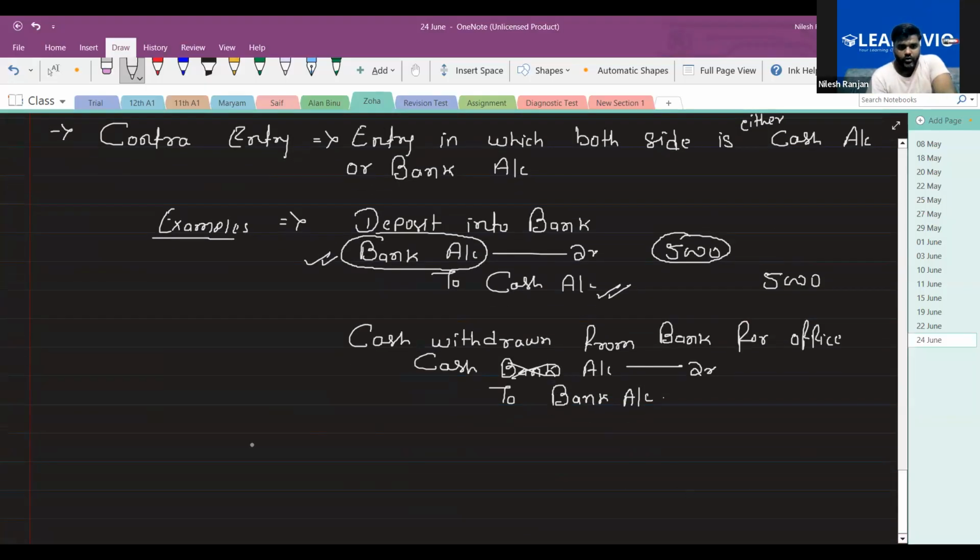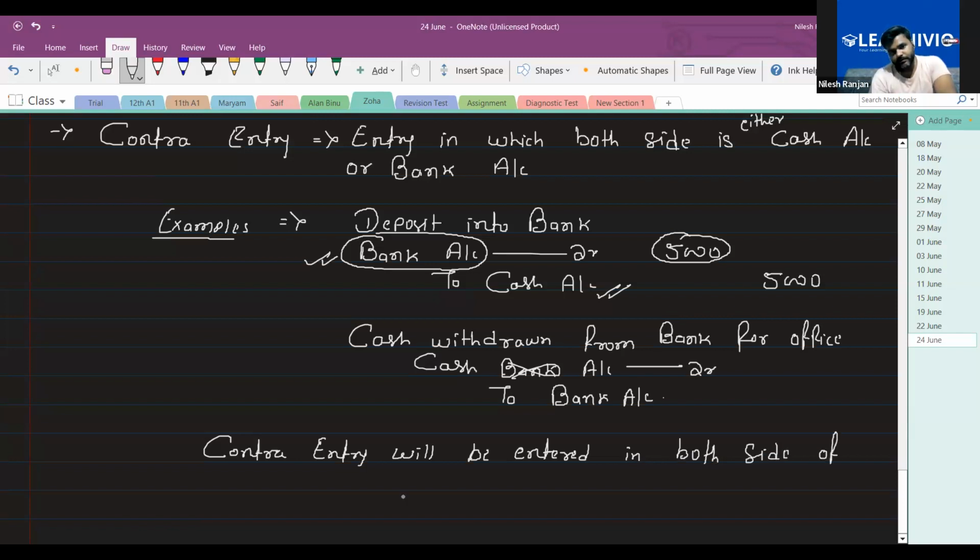So contra entry will be entered on both sides of cash, when there is a cash and bank column.